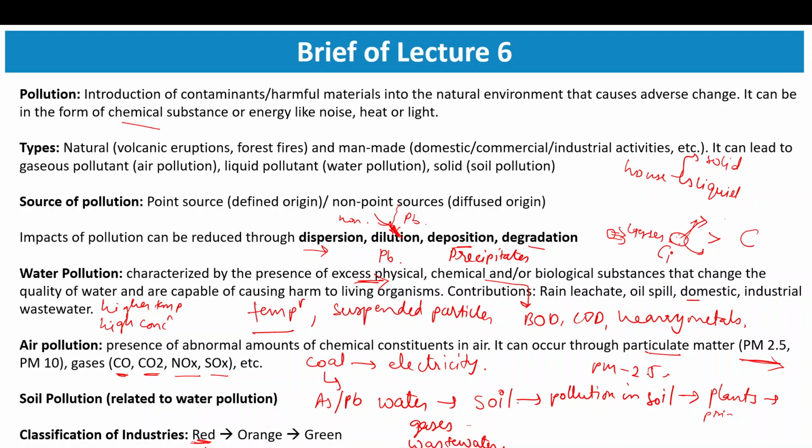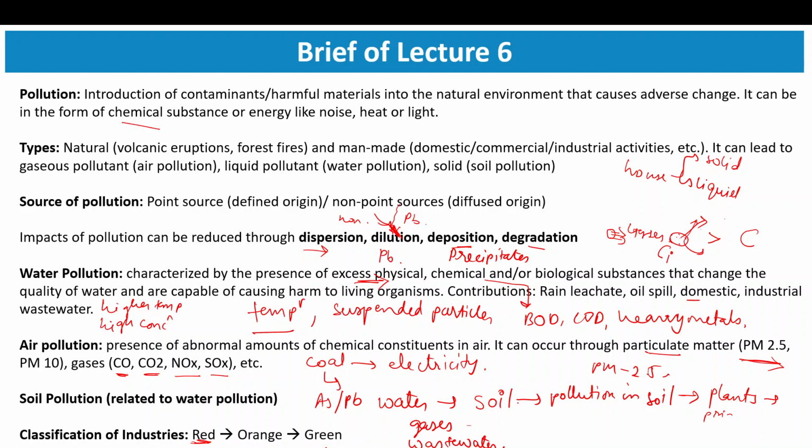Okay, so the pulp and paper industry and the steel industry all come into the category of red. So these industries create maximum pollution. Then come orange industries. The pollution created is somewhat lower than the red category, and last is the green, which has the least pollution generation.